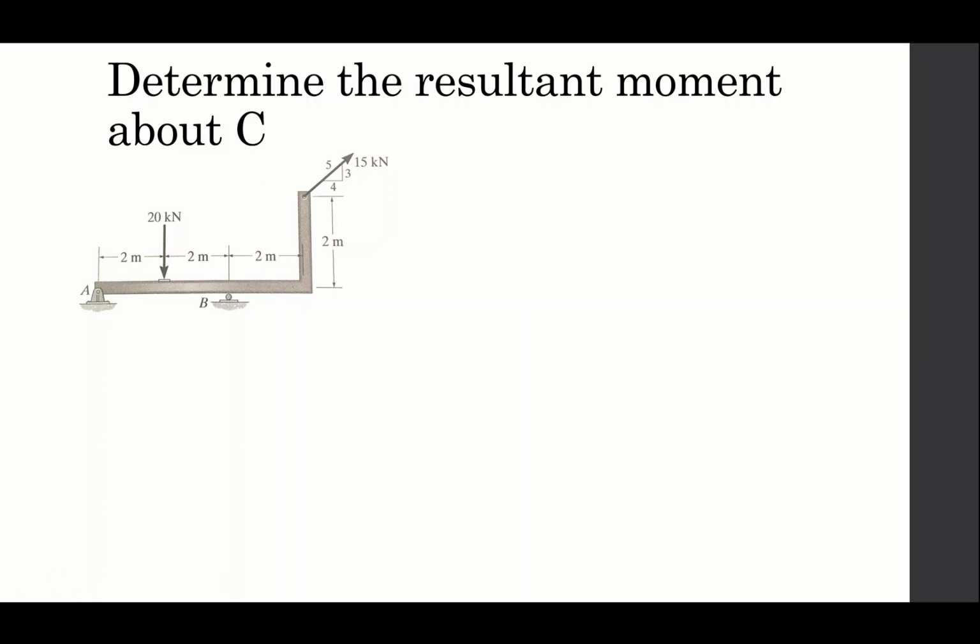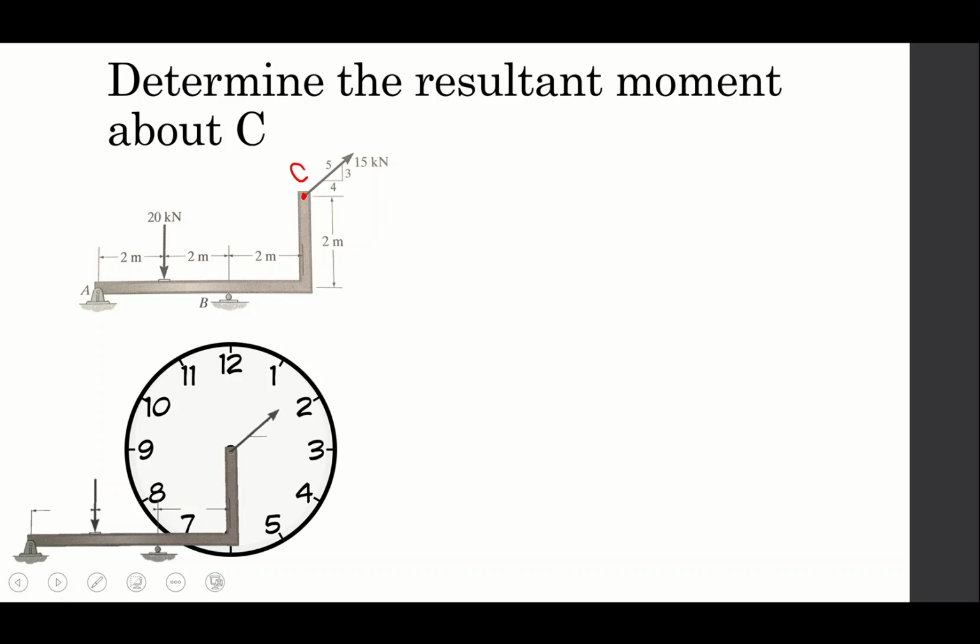Okay, so if we're going to say C here, now our clock looks like this, right? Here is our C. We still have 12, 9, and 20. So if I did my moment from force 1, I would have 20.